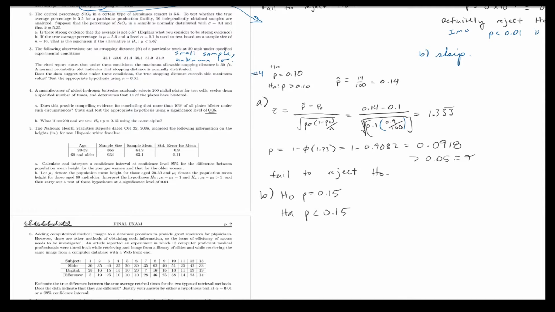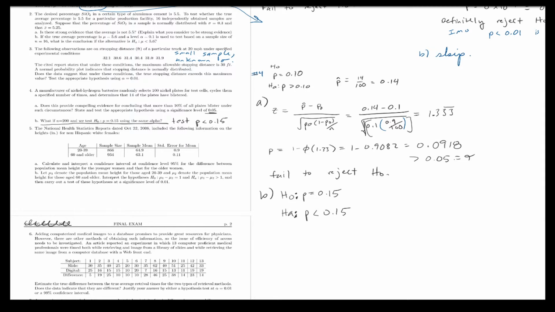I just made this one up more or less. So what if means test p less than 0.15, basically. That should be more clear in the instructions, because it's not clear what you need to test when you're changing your null hypothesis.